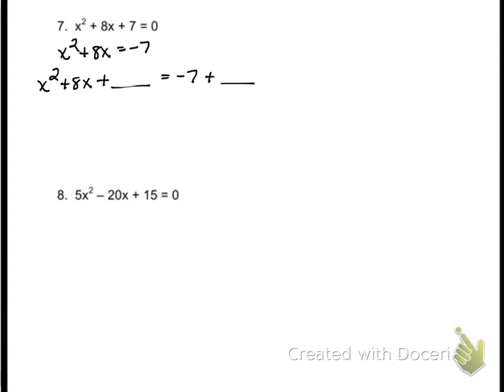So what goes in the blank? It's 8 divided by 2 squared. And 8 divided by 2 is the same as 4. So that's going to become 4 squared. 4 squared, 4 times 4 is 16, so it goes over here as 16.